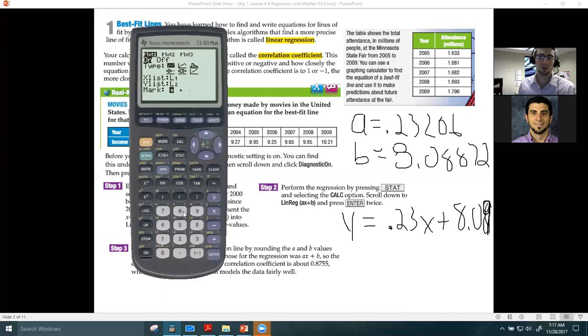Okay, so I turn that plot on. Now I'm going to make the mark a little square. So if I hit zoom, stat again, number 9, it readjusted the window settings so that it would put all the points on the graph.